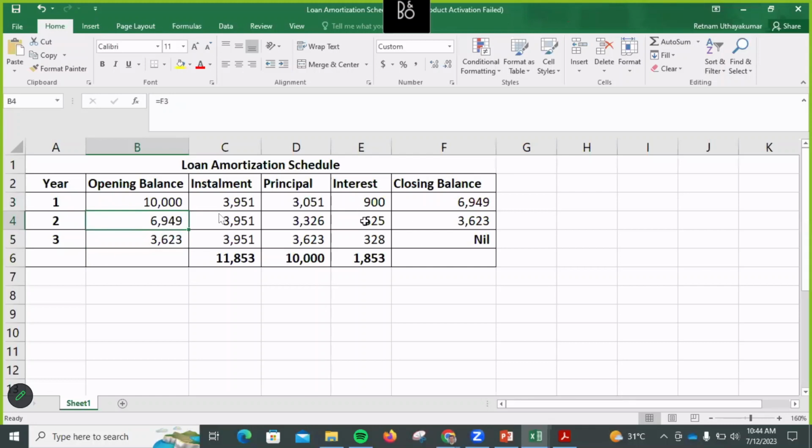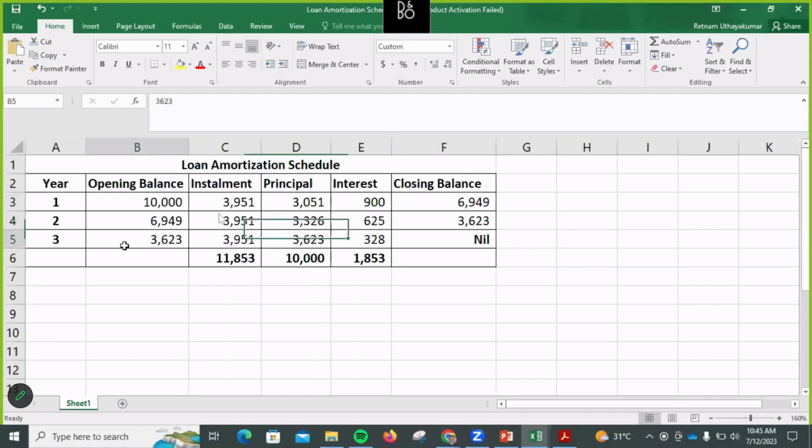Then again you want to calculate the interest. 9% interest is 625. Then it should be deducted from the installment to get the principal amount. Then this principal amount is deducted from the opening balance to get the closing balance.